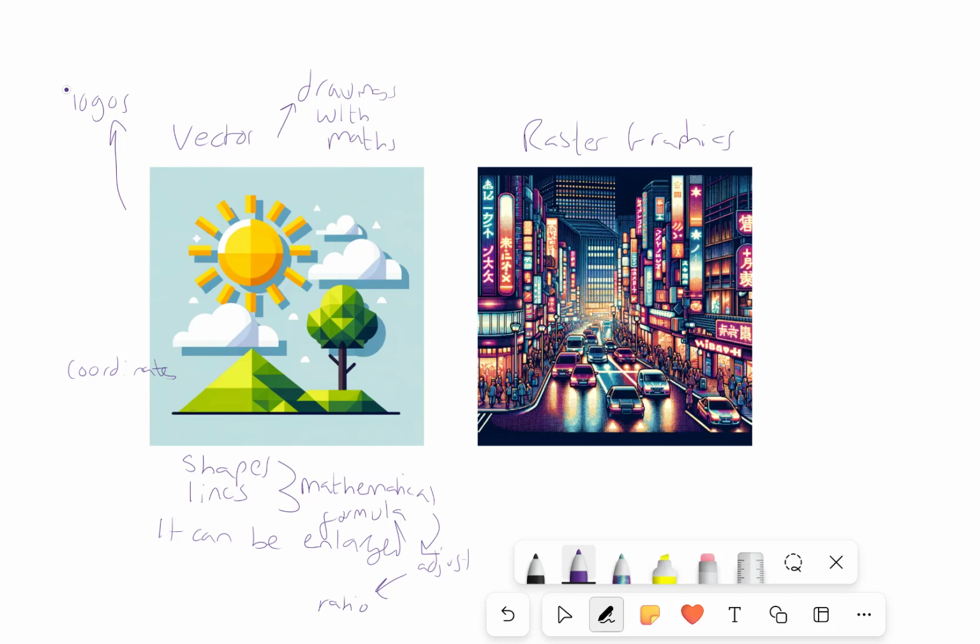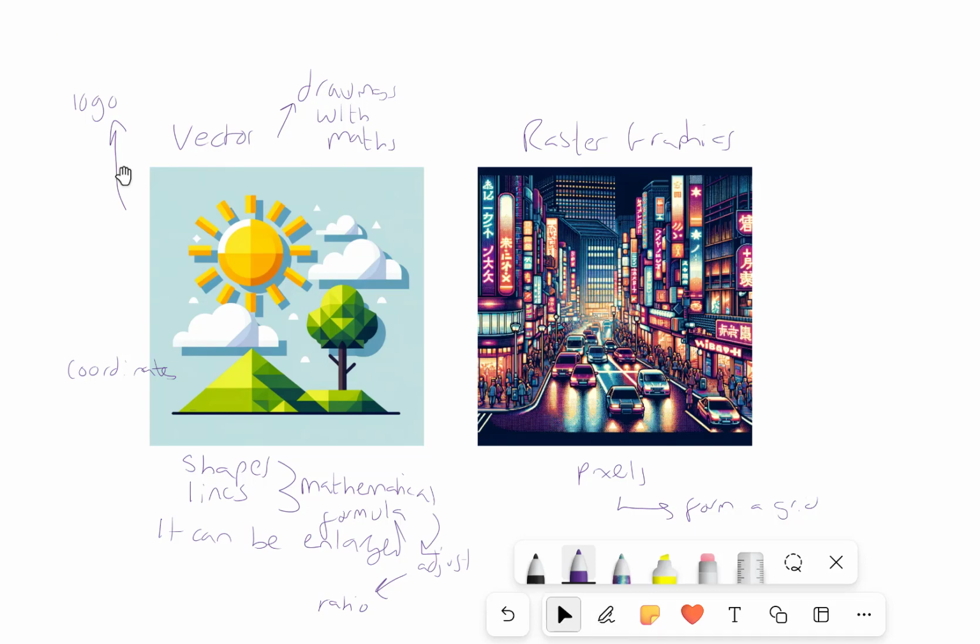Raster graphics, on the other hand, are made up of millions, well, not all the time millions, but let's change the word millions to, they're made up of pixels. These pixels form a grid, like a mosaic.